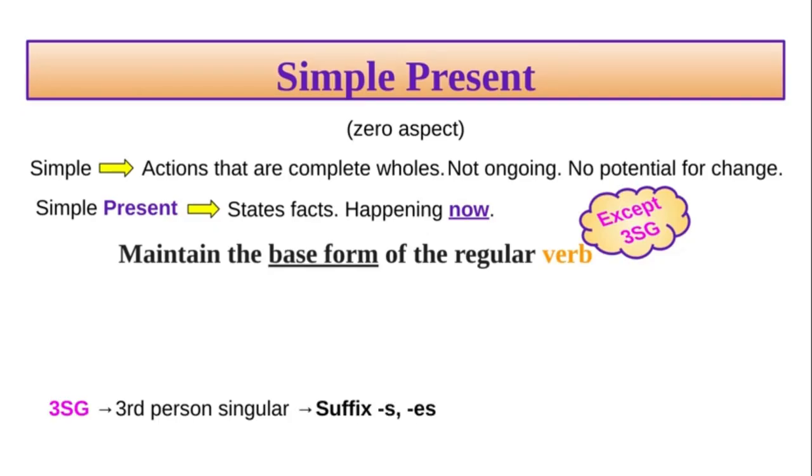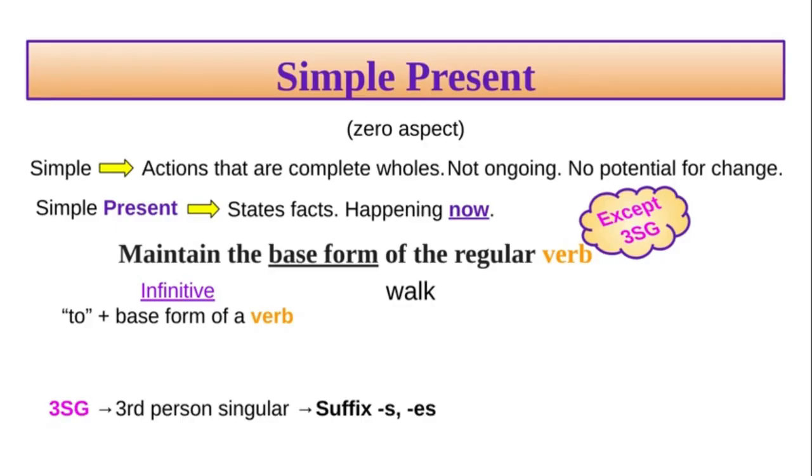The suffix s or es is used to conjugate in the third person singular. Here we have an infinitive, to walk. To conjugate this regular verb, we're going to drop the to. Here we have the base form of the verb, and that's all we need to agree in the simple present.